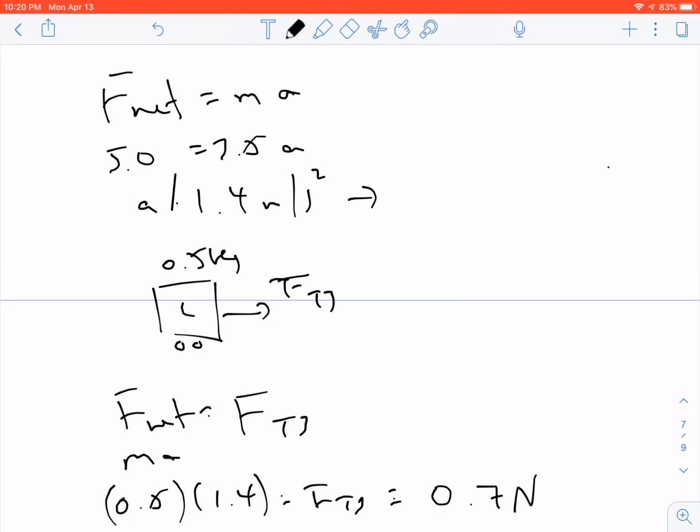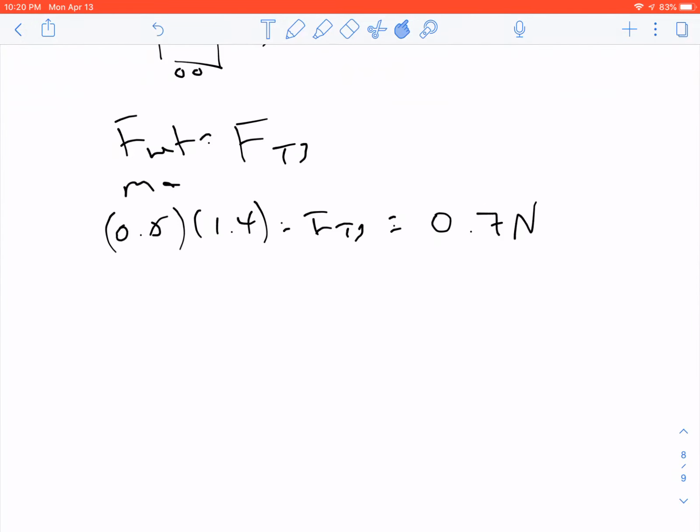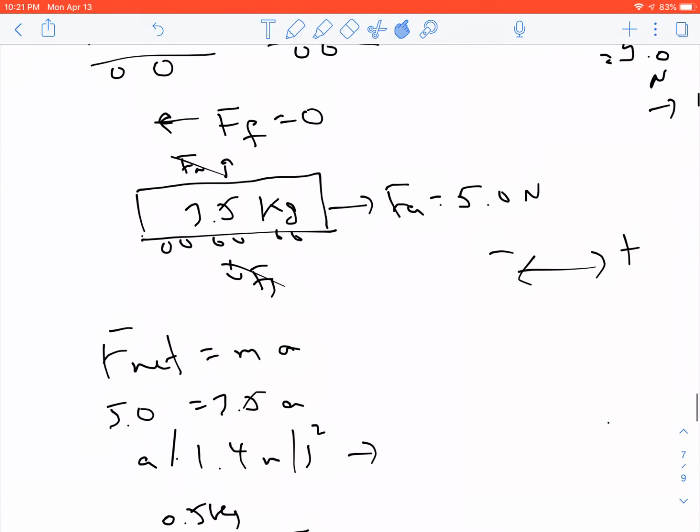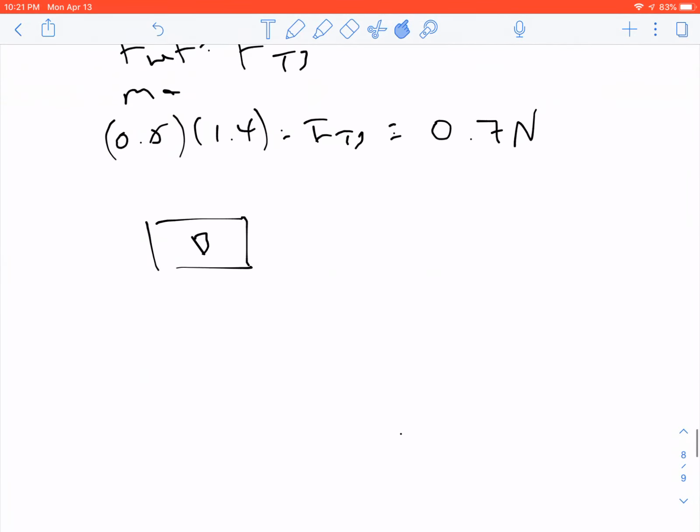Okay, let's look at string number 2. Let's slide up to cart B. Here is cart B. We know it has a mass of 2.0 kilograms, and it's got two forces acting on it.